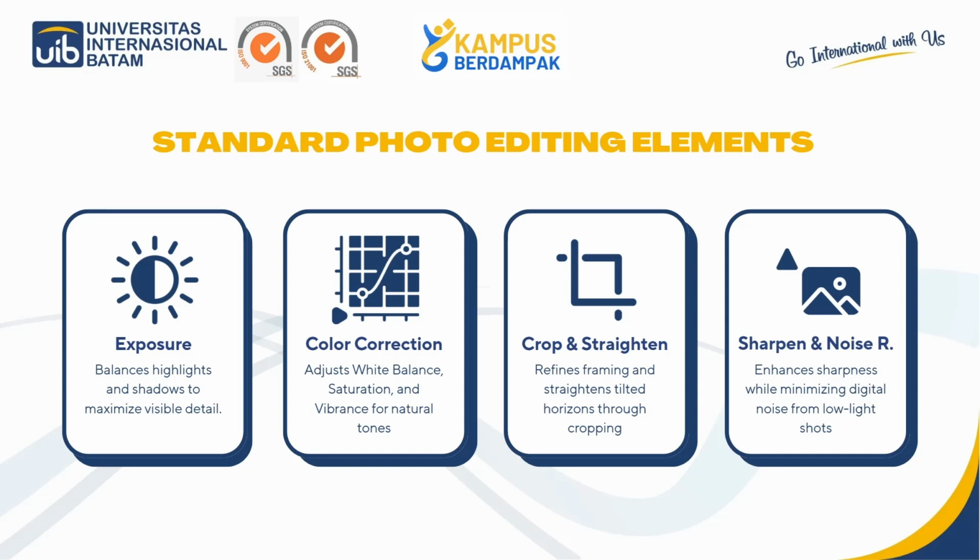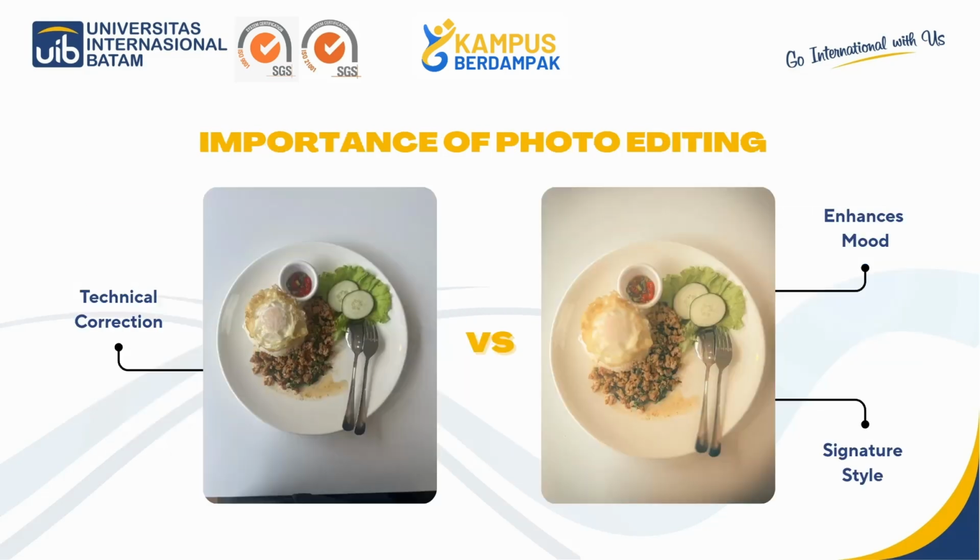Now, why does editing matter? Why do we edit? Well, that's because raw files often look flat or even lack contrast. Thus, editing allows us to, one, highlight the mood. This is using color grading to evoke specific emotions. Second is technical correction. This is fixing unavoidable errors made during the shot.